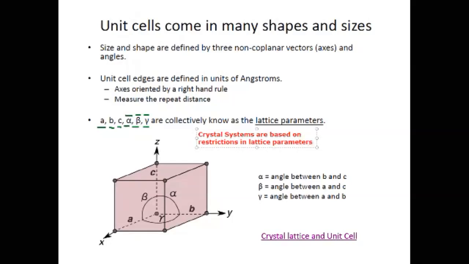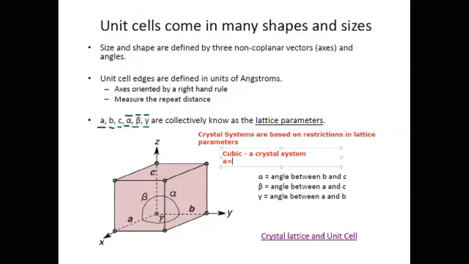So based on these restrictions, we get 7 different types of crystal systems. And within those systems, we have certain groups of symmetry elements. To give you one example, cubic is a crystal system, and it has the following constraints.